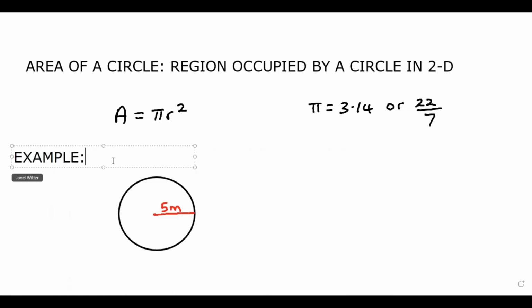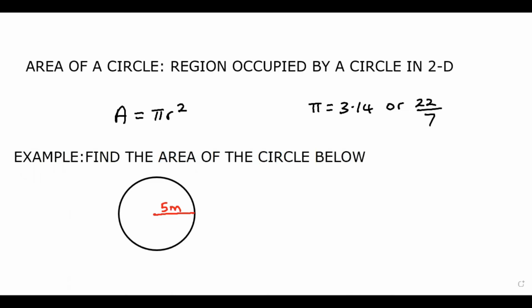Okay, so let's say, for example, you want to find the area of the circle below. So here, you know that this here would be the radius because it is starting from the center of the circle and touching the circumference. So that means our radius is equal to 5 meters. So if we use our formula for area, which is area is equal to pi r squared, let's say we're using pi as 22/7.